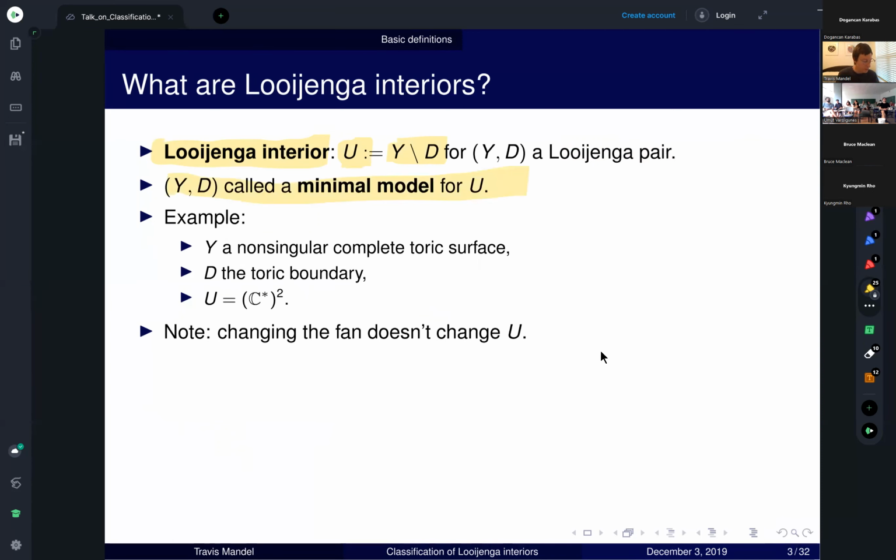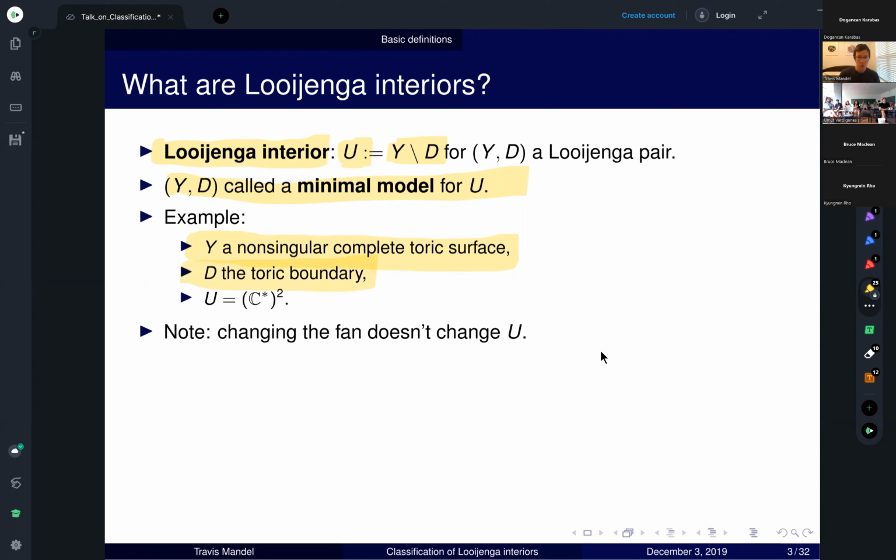Some examples you could consider, the most basic examples are where Y is a non-singular complete toric surface. You just take a fan that is complete, fills up the whole plane, and is non-singular. The corresponding toric variety together with its toric boundary is a Looijenga pair.